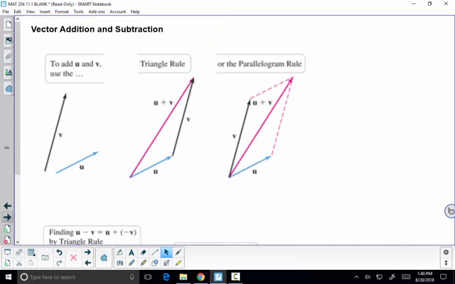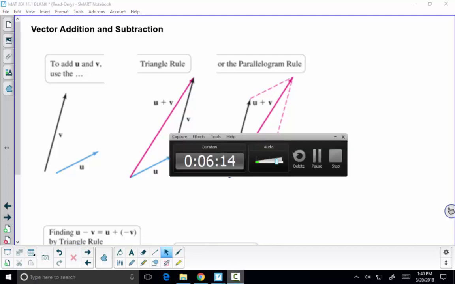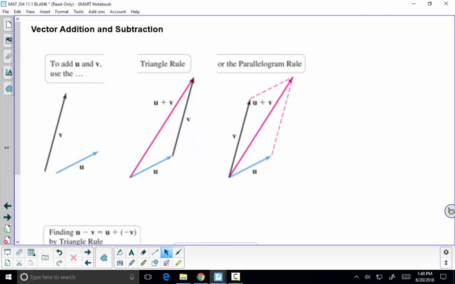In terms of combining vectors, i.e. addition, if you want to add two vectors together, you can either use the triangle rule or the parallelogram rule. And again, it usually depends on the context. Sometimes the triangle rule makes more sense.